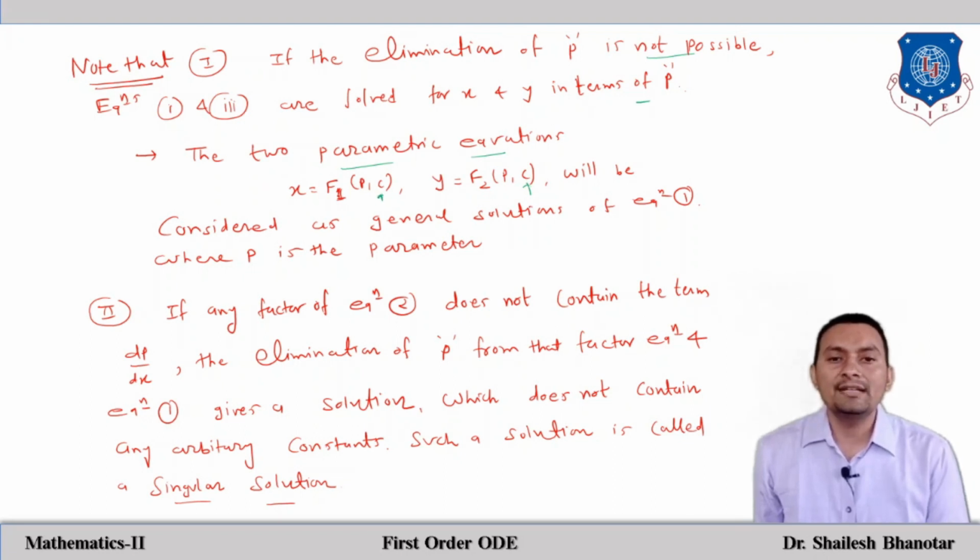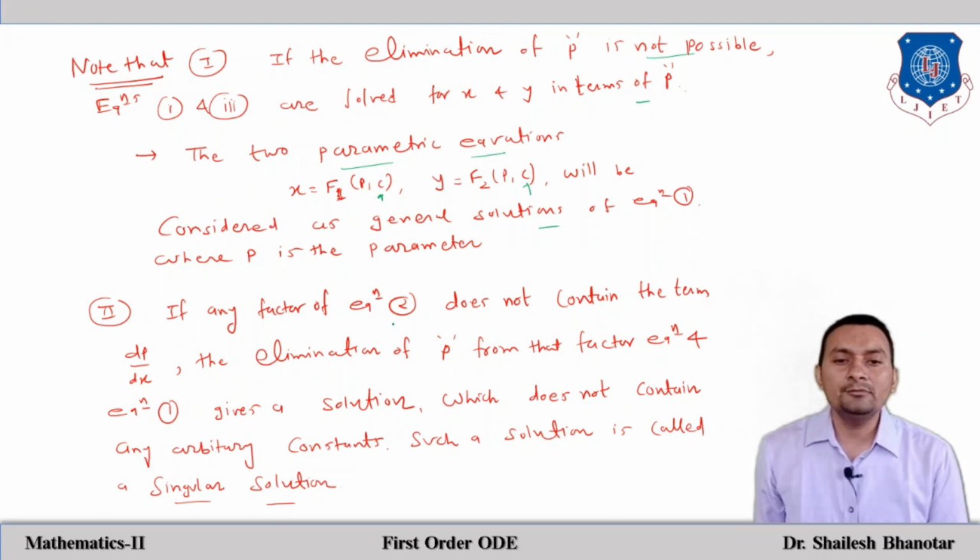That means x and y in terms of p and c is the parametric equation, and that parametric equation will be the final general solution of the respective equation.